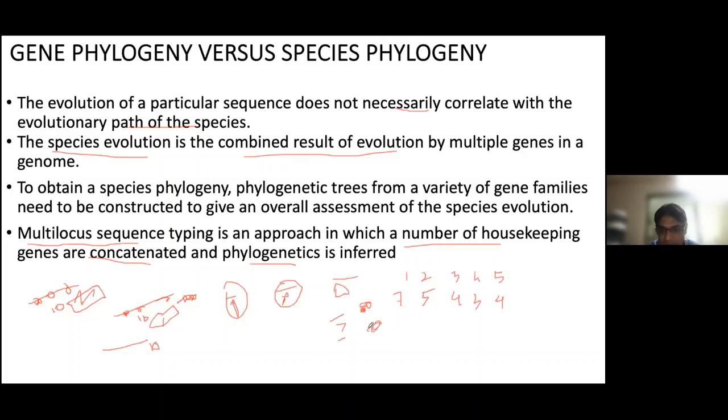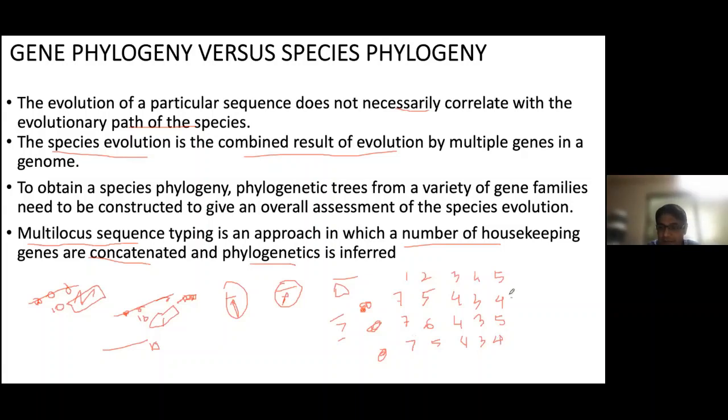For another E. coli in your lab, you find, based on the sequences, this is type 6, 4, 4. So you find a different pattern for this one. And you take another E. coli, and it says 4, 3, 4.